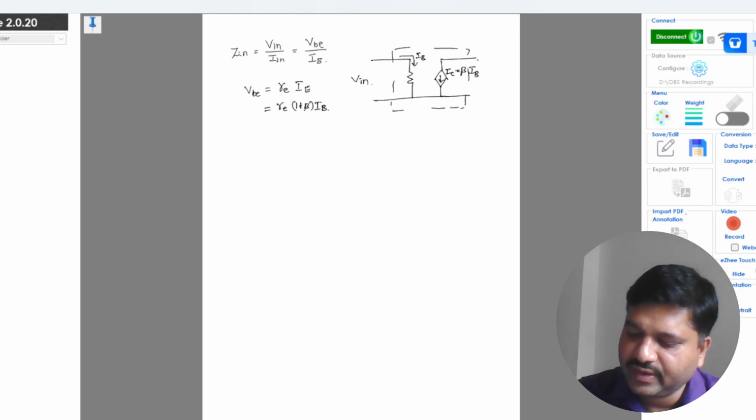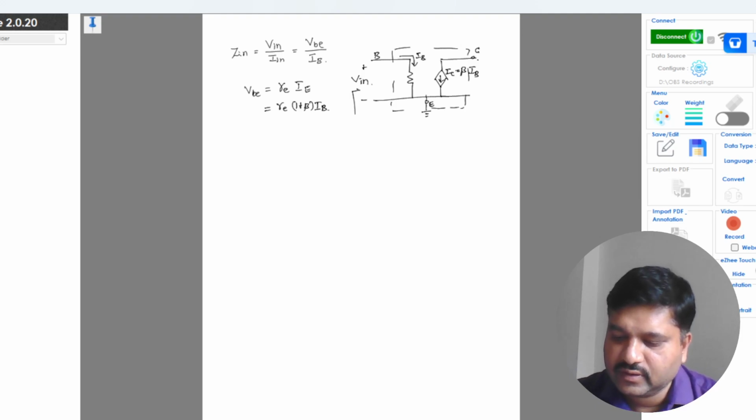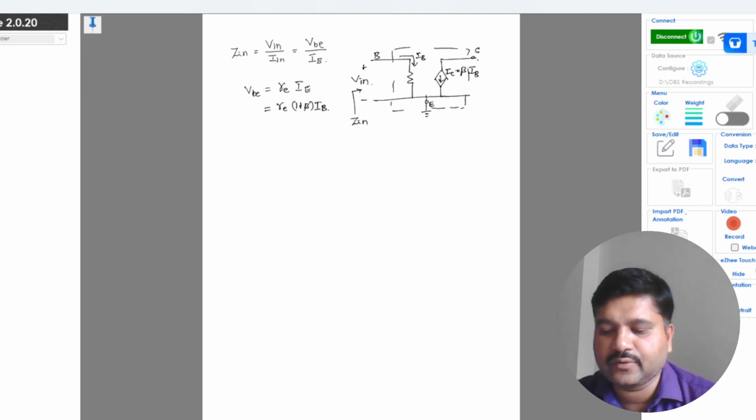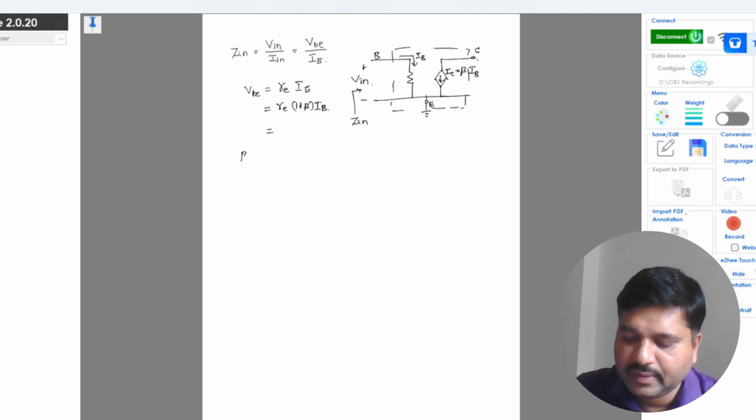This is my Vin, which I am giving from base to reference. This is my collector terminal, and this is my Zin, which I am calculating now, which is Vin by Iin. Here, as I said, beta is very large compared to 1, so I can approximate 1 plus beta as beta.